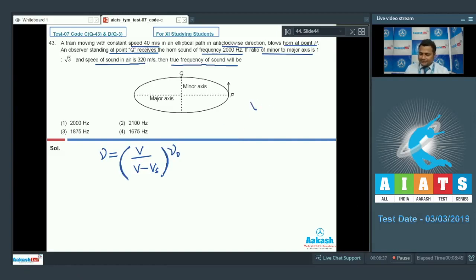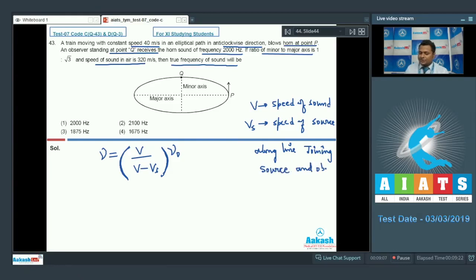V is speed of sound, Vs is speed of source along line joining source and observer.